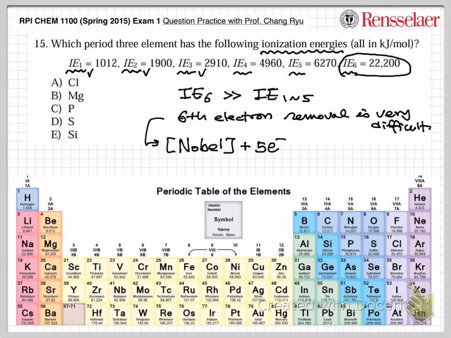So this is a case where you use all 5 electrons. The last one, the 6th electron, you need to take out from the noble gas core. So what that means is your column number should be the 5th column, which is located here. Which one is in the 5th column? The phosphorus is the one. So the answer for this is C.